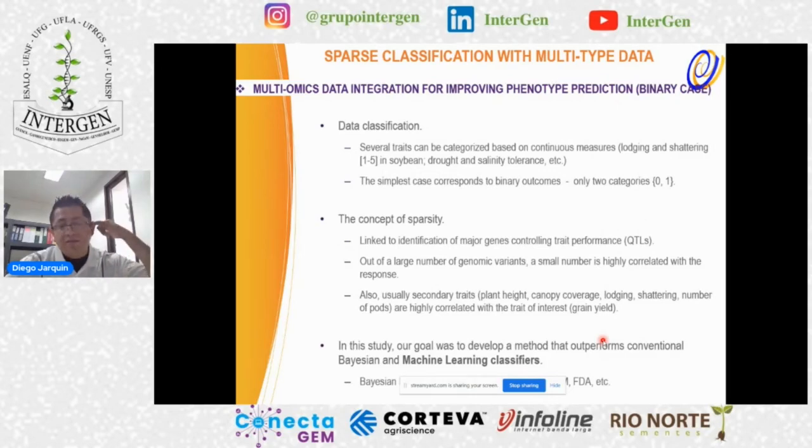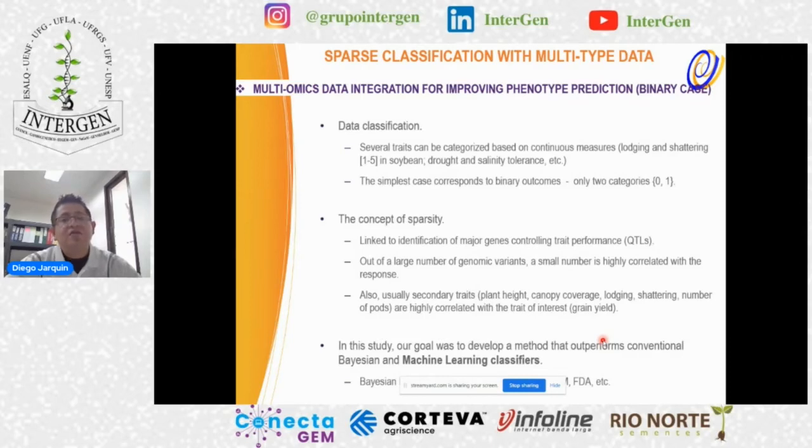So we have data classification problems. Several traits can be categorized based on continuous measures. For example, in soybean we have lodging and shattering, with categories 1 to 5, and drought and salinity tolerance for rice. The simplest case corresponds to binary outcomes, where we have only two categories, zeros and ones.